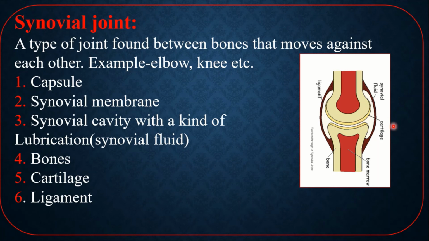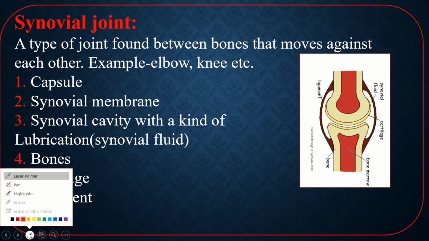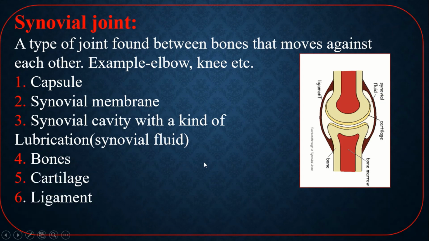The cavity between the two bones and ligament is called the capsule or synovial cavity. This synovial cavity is filled with a kind of lubrication named synovial fluid, and the inner lining of the ligament is called the synovial membrane. This is the structure of a synovial joint.